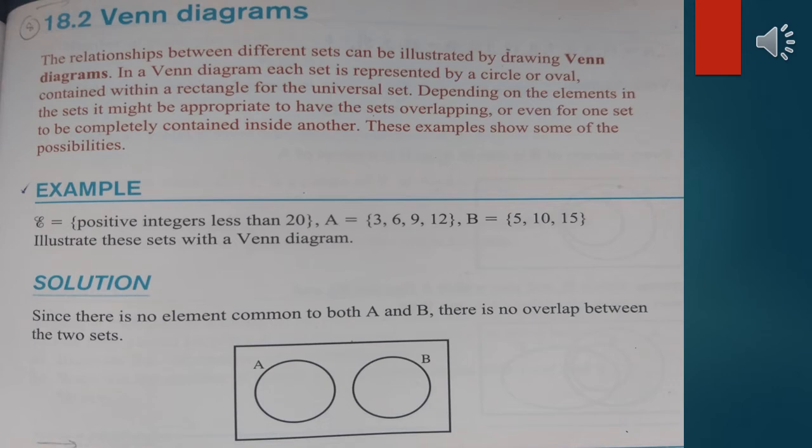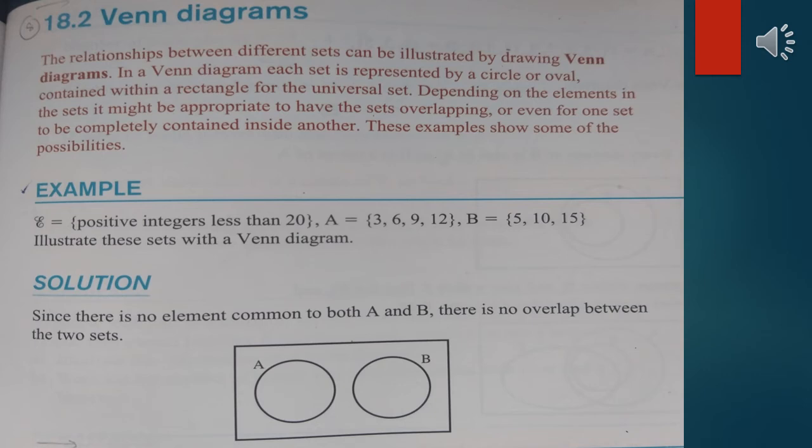Now we come to a very good part of sets, a branch of sets, that is section 18.2, Venn diagrams. Most probably you have heard this word, but we will explain it properly.